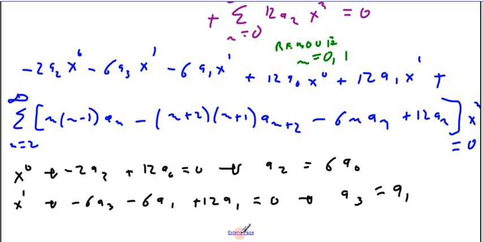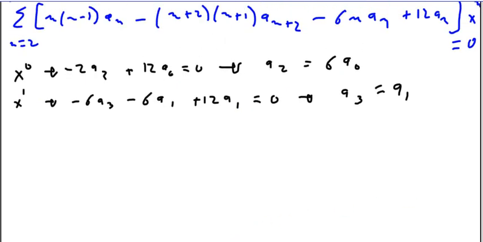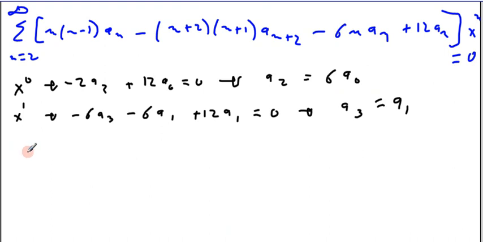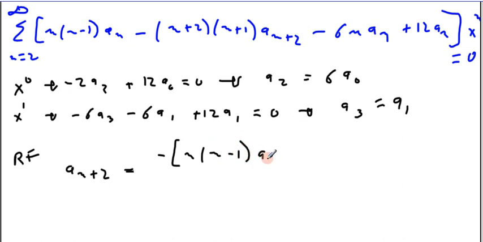Okay, we have a recurrence formula. a n plus 2 equals. So I'm taking it from here, and I'm saying it's minus n minus 1 an, plus, well, this guy was minus.